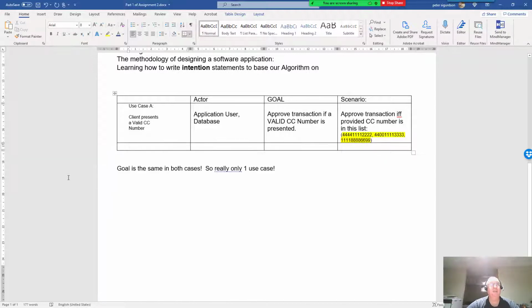So that's pretty simple. So the client presents a credit card number. We have to validate it. So that's pretty much your design statement. It's not more complicated than this.